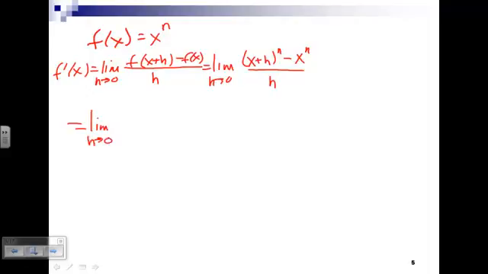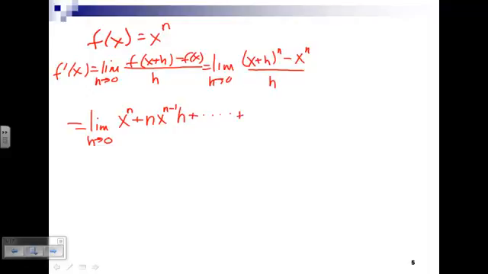The first term of that thing is x to the nth. The second term of that expanded binomial is n x to the n minus 1 h. Dot, dot, dot.